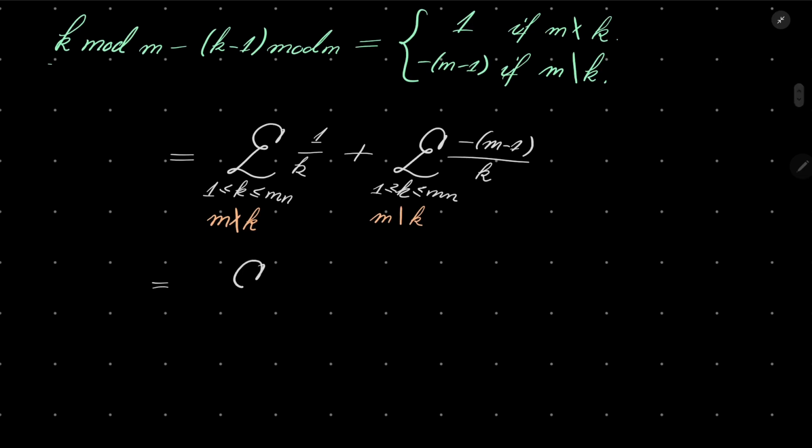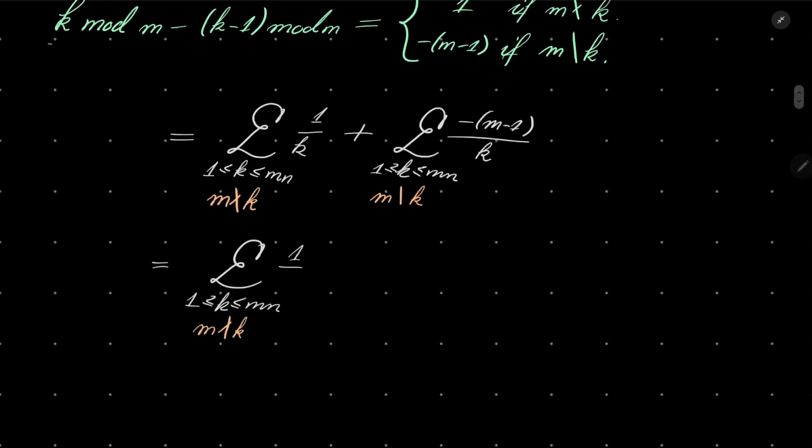Well, the first sum will stay as it is, one over k. And I will split the second sum. I will have minus m sum from k equals 1 to mn over all multiples of k, 1 over k.